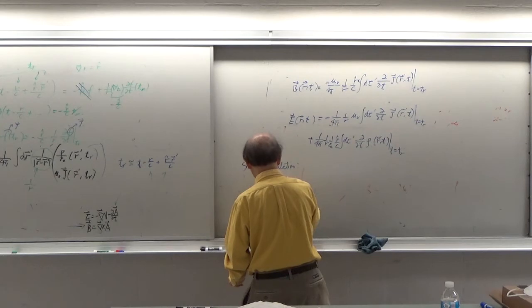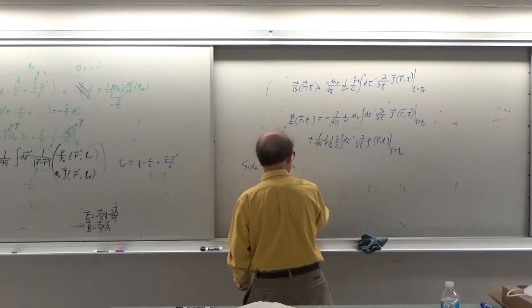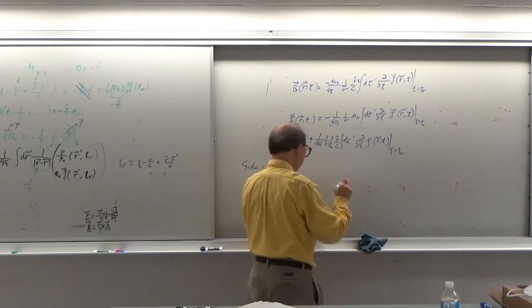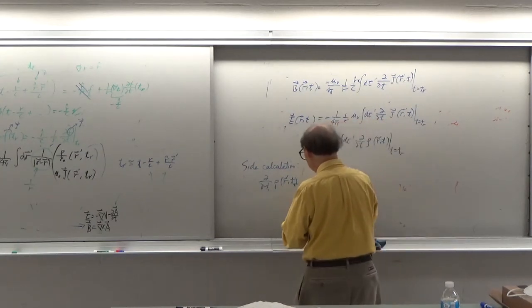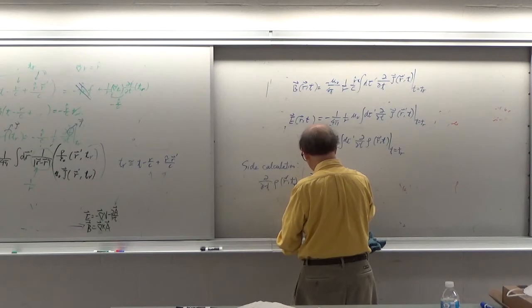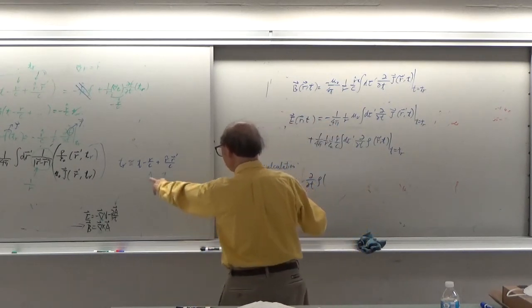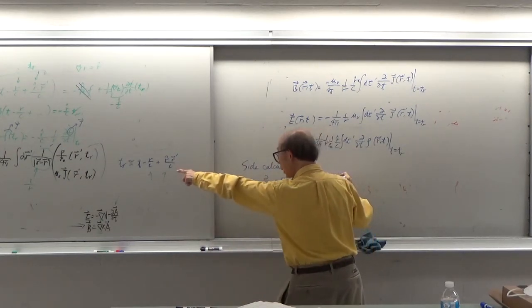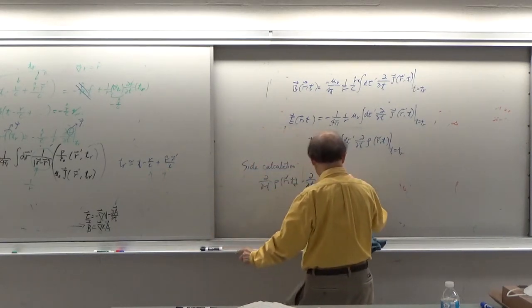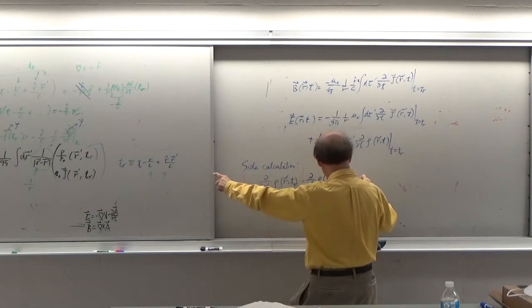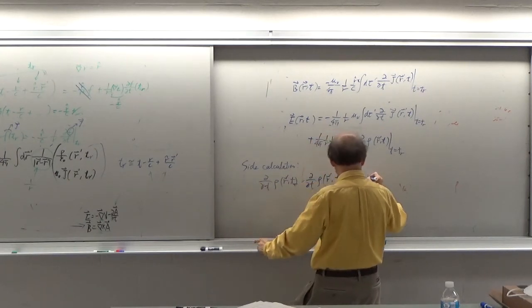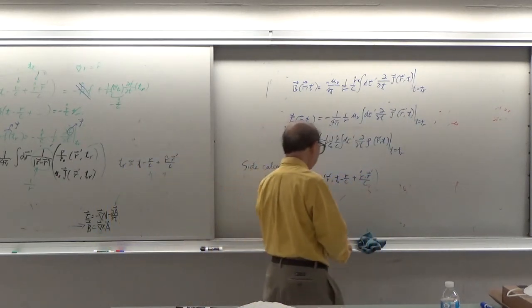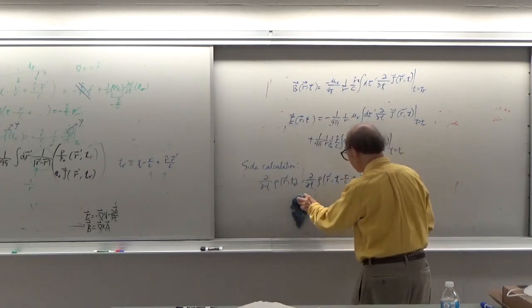So we are interested in del by del t acting on rho of r prime, t prime, where t prime is the retarded time given here: t minus R over C plus R hat dot r prime over C. This is what I want to calculate.